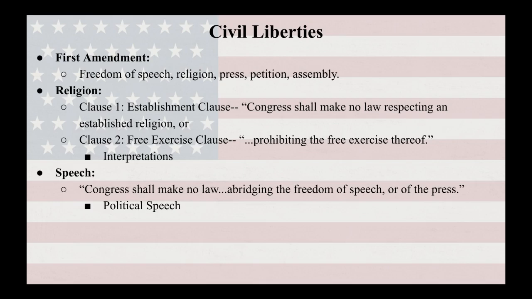But since the 1920s, it has been consistently protected, even if we see that it is outrageous, or it may be offensive to us. And so that leads us into our next category of speech, which is symbolic speech, speech plus, assembly, and petition.